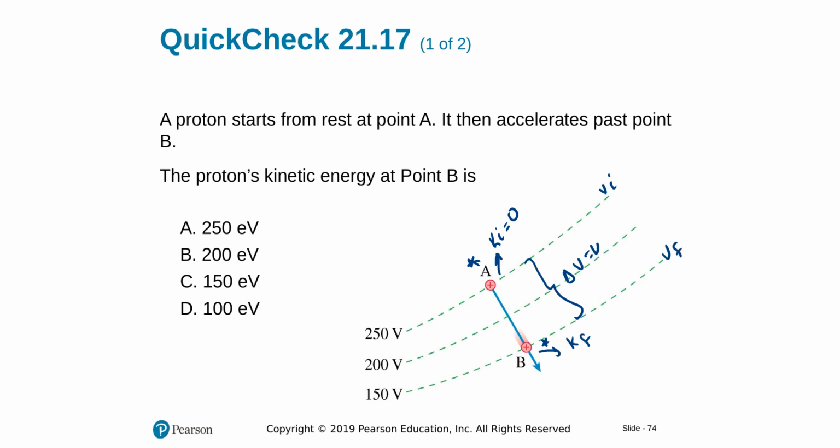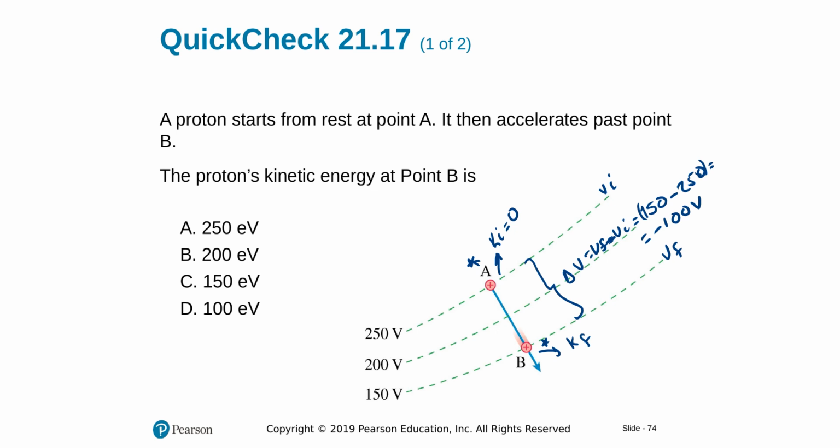So V final minus V initial. It's 150 minus 250, and that gives me a minus 100 volt. Let's put it here.